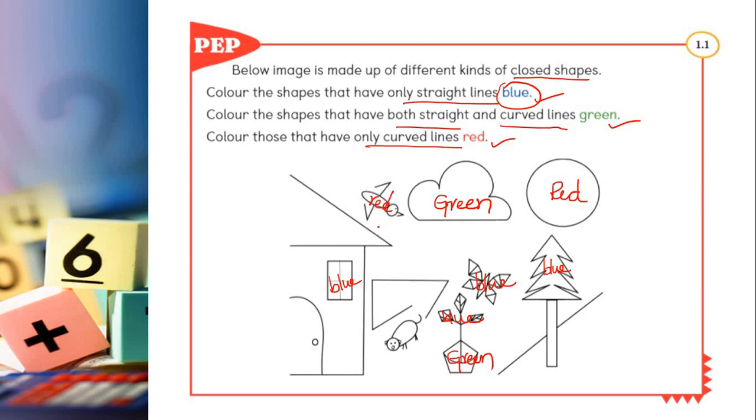You have to color it with red color, and here also one more is there. This shape also you have to color with red color. Is it clear, children? So you have to color the given shapes as directed.